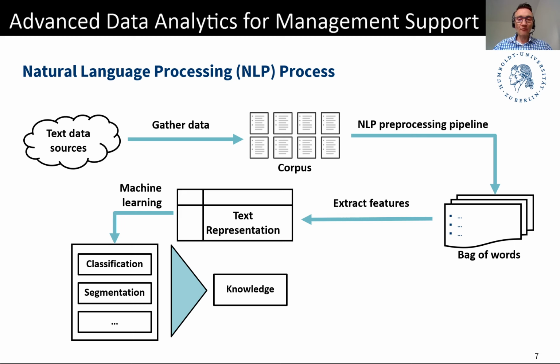And from this bag of words, we extract features. We obtain a representation of our text, which we then feed into some machine learning algorithm that performs classification, segmentation, or something else, and eventually delivers some new insight. That's a bit like this famous knowledge discovery in databases process, but for text data.